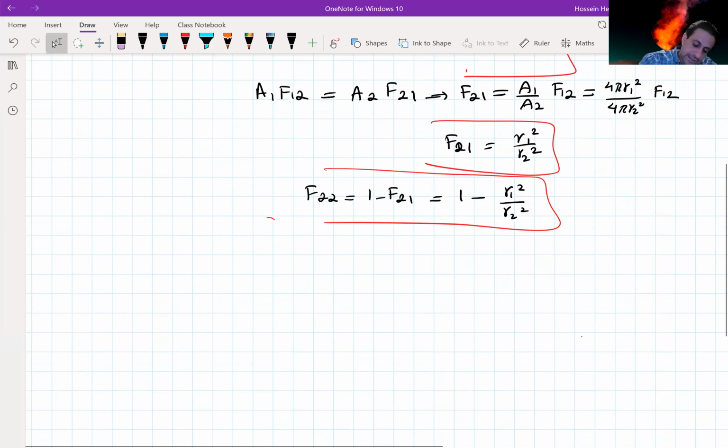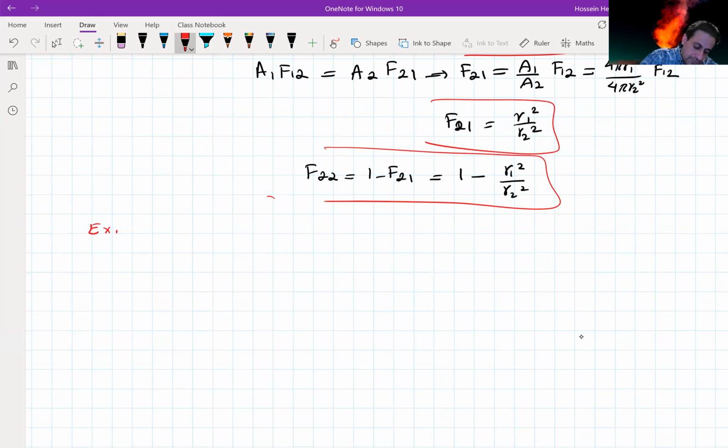There are other examples where we would need to go through graphs or look at already derived equations. Let's say we have two concentric cylinders.